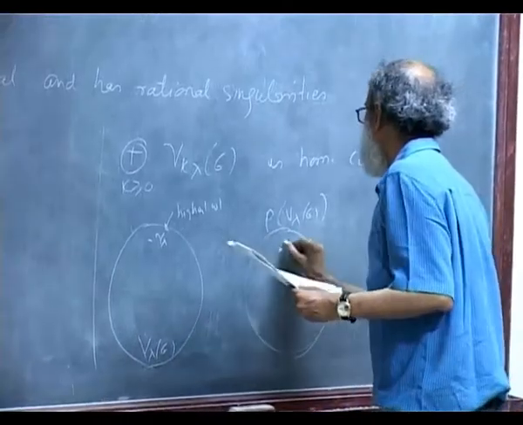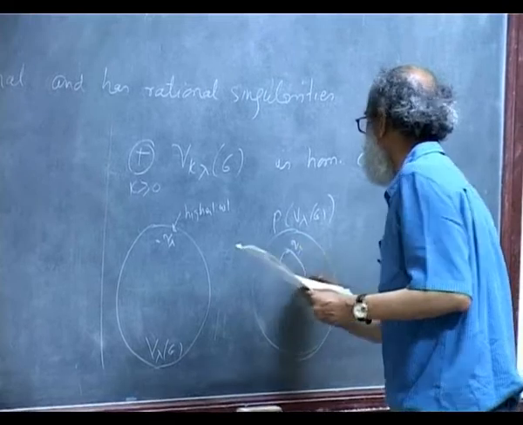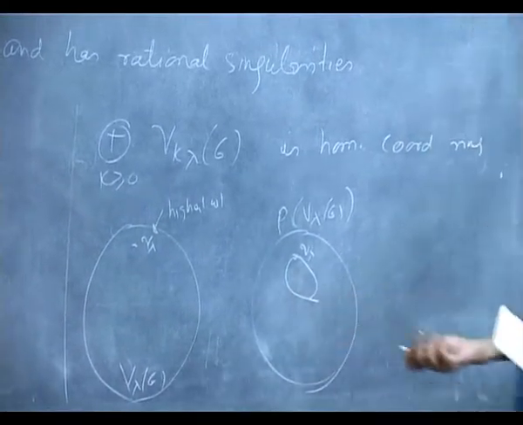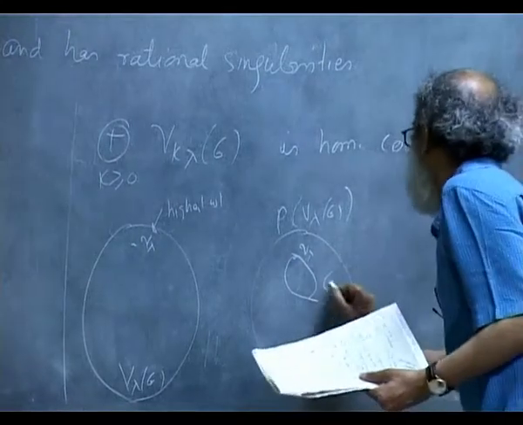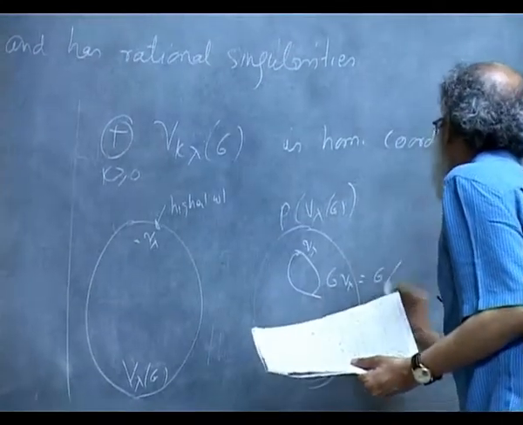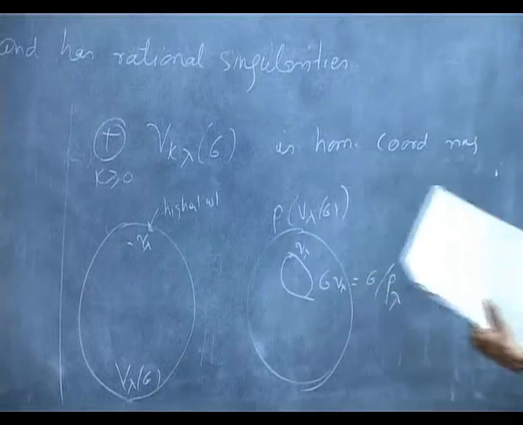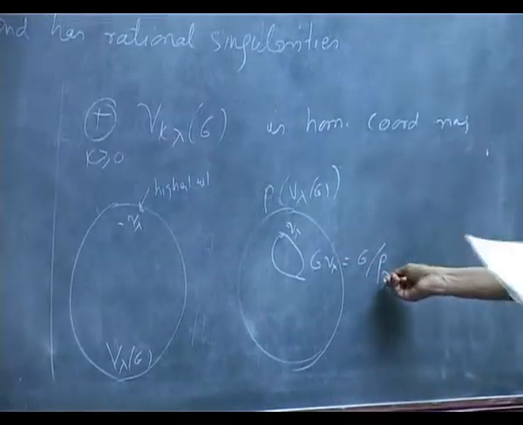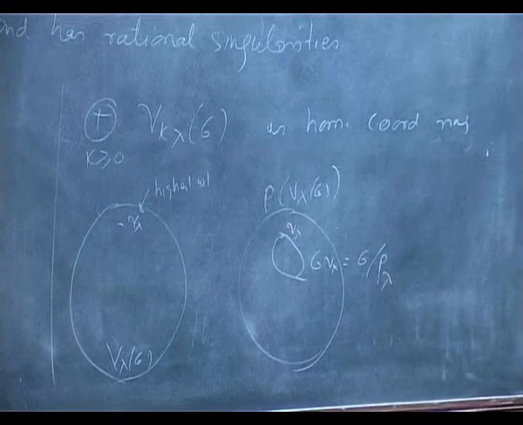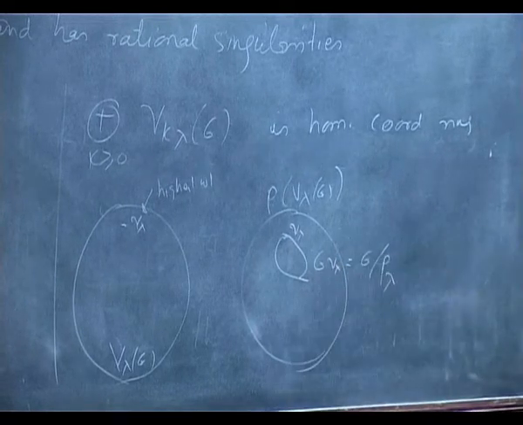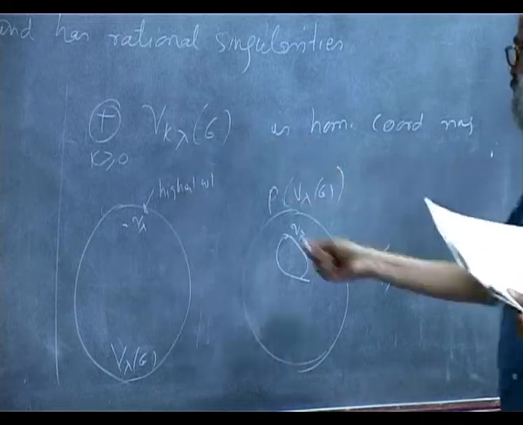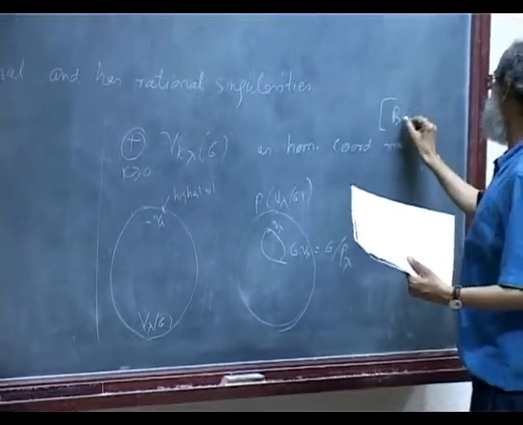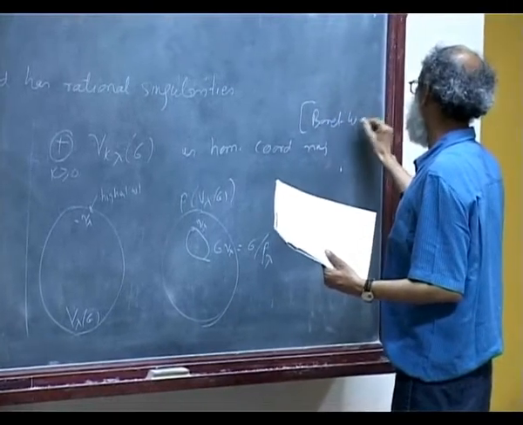In that case, if you take the orbit of G on v_lambda, that orbit is closed, that is a standard thing, because this orbit G v_lambda is equal to G mod the stabilizer of v_lambda inside G, which is parabolic. So it is G mod P_lambda, and since it is parabolic, this is closed. Then this is precisely the homogeneous coordinate ring of this, that is actually just the Borel-Weil theorem, right.